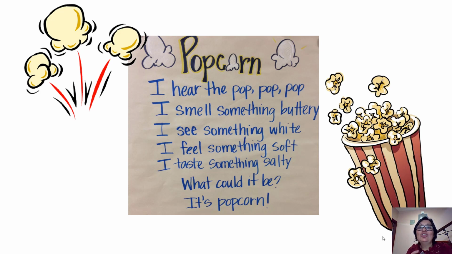So by using words that appeal to your five senses, you are using vivid language. That is vivid language or sensory details. Sensory details or sensory words are words that describe how something looks, sounds, smells, feels, and tastes. Okay?